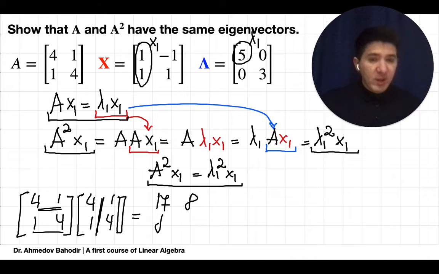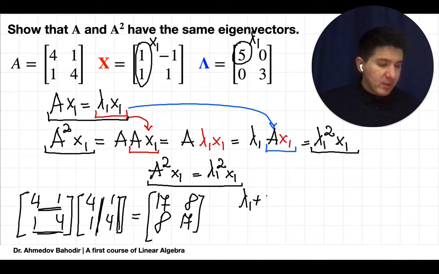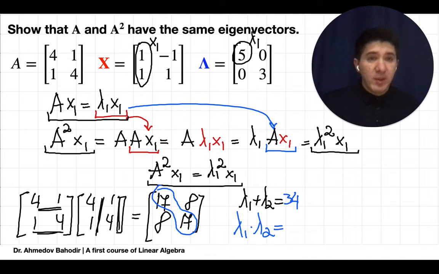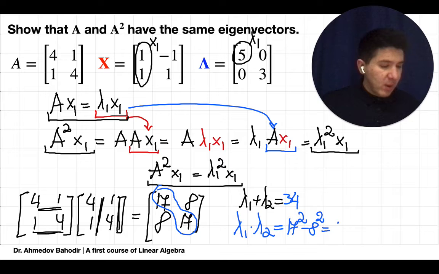First, I would like to find its eigenvalues. To do that, I'm going to use the property that the sum of the eigenvalues should be equal to the trace of this matrix, which is 34. And the product of the eigenvalues should be equal to the determinant of this matrix, which is simply 17 squared minus 8 squared, which can be written as 17 minus 8 times 17 plus 8. 17 minus 8 is 9, and 17 plus 8 is 25.